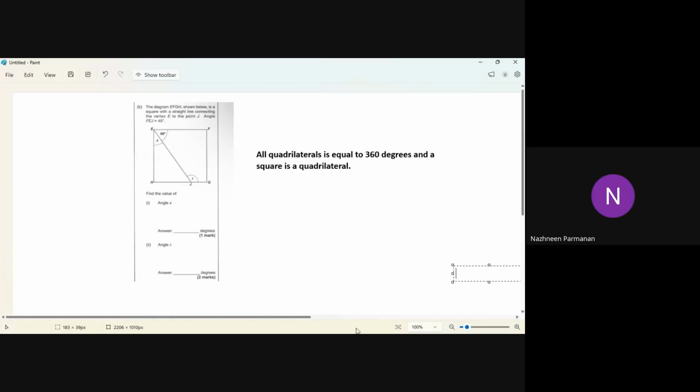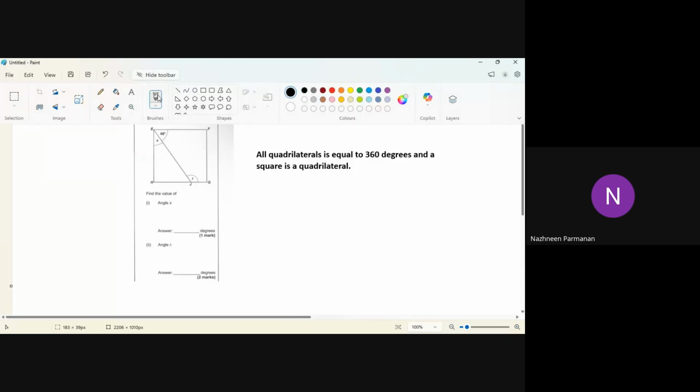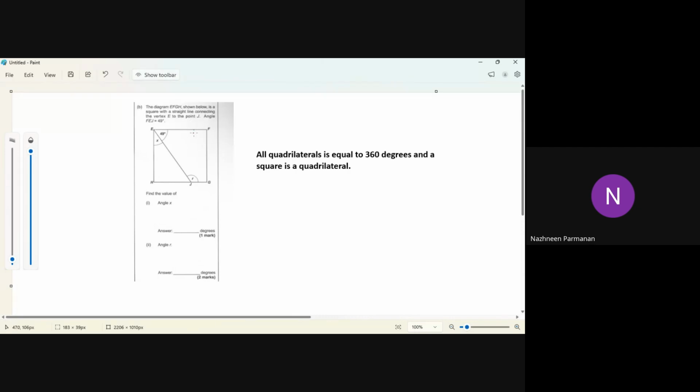Yes, sir. So, in a quadrilateral or square, there are 4 interior right angles, and a right angle is 90 degrees. The right angles are at each corner of the quadrilateral or square.